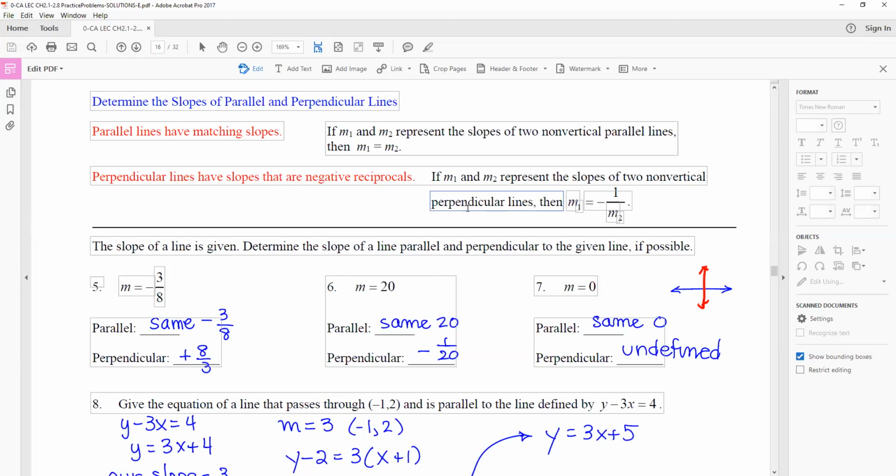Okay, slope of parallel and perpendicular lines. The slopes of parallel lines are the same. The slopes of perpendicular lines are negative reciprocals.